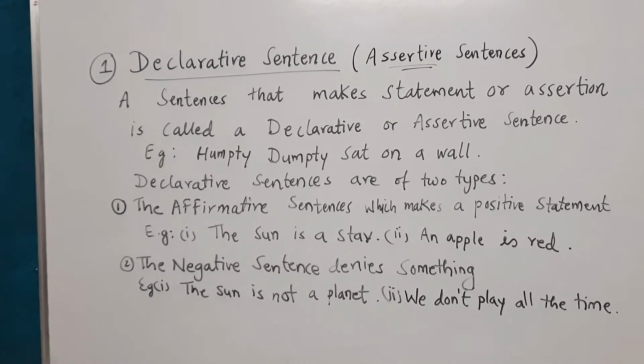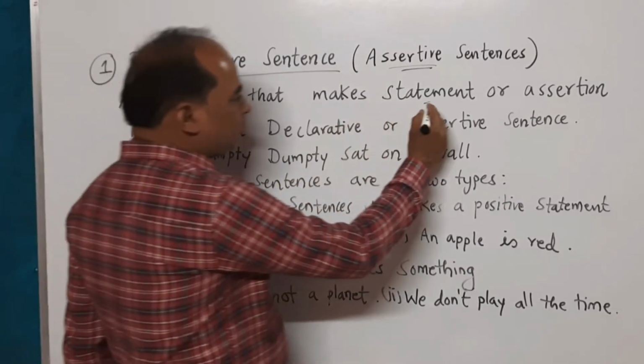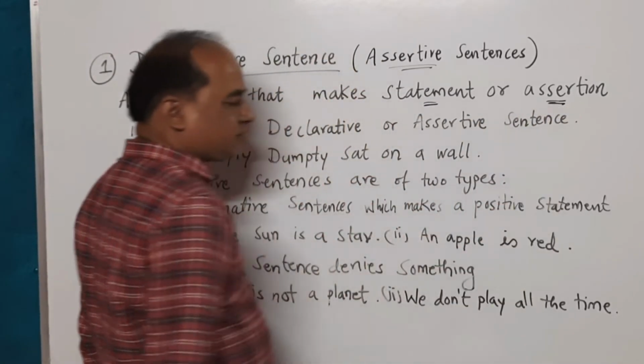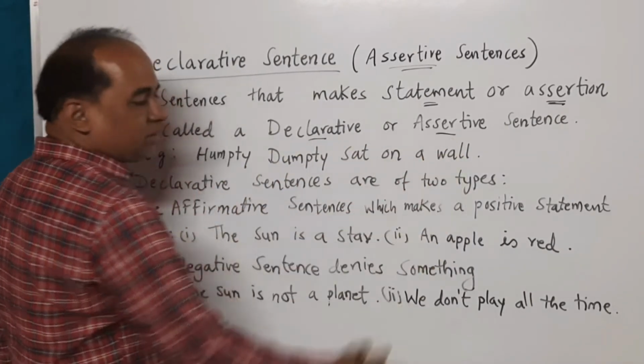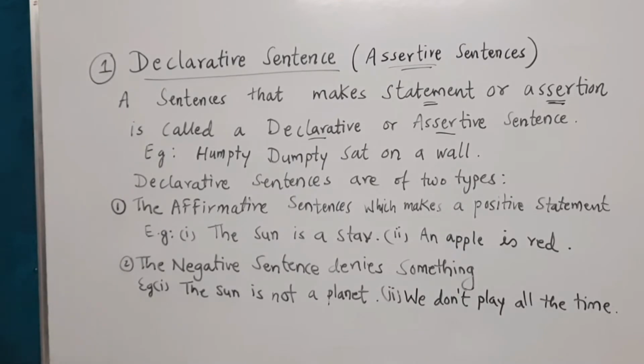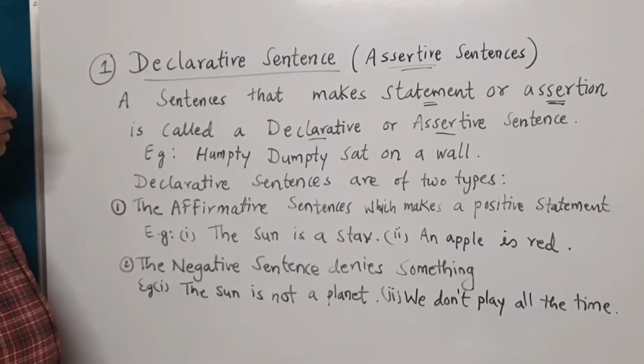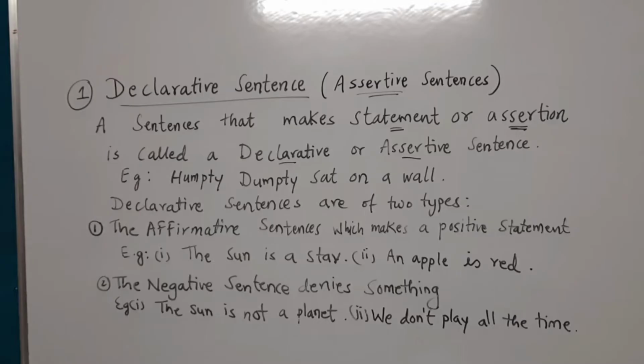A sentence that makes a statement or assertion is called a declarative or assertive sentence. Example: Humpty Dumpty sat on a wall is an example of a declarative sentence.